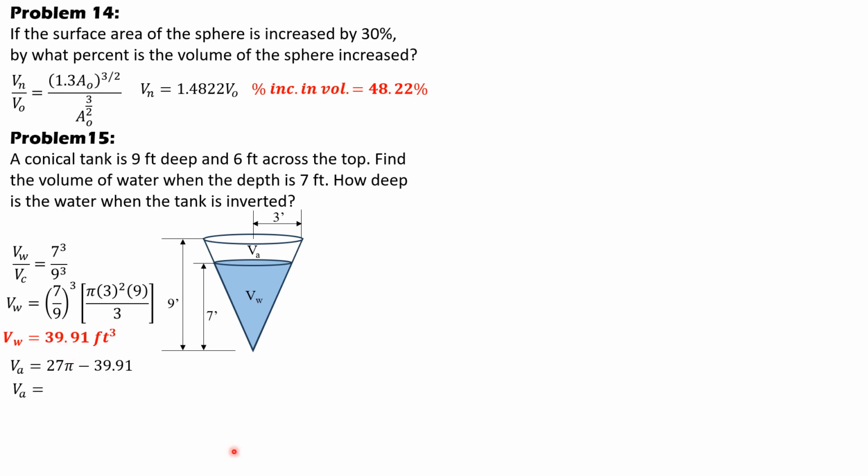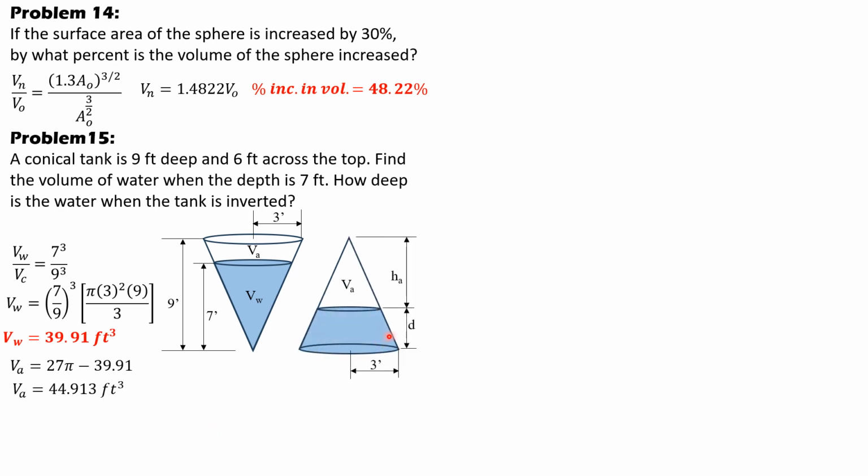So volume of air is 44.913 cubic feet in the inverted position. Before we can solve for the depth of water in the inverted position of the conical tank, we need to solve for this height of air. So by similar solids again, volume of air 44.913 is to height of air cubed as volume of cone 27 pi is to height of cone 9 cubed.